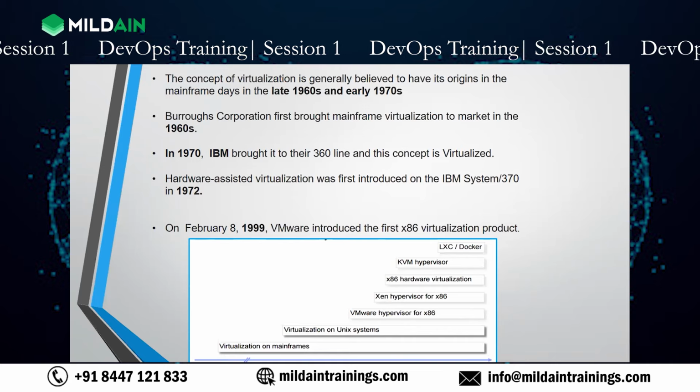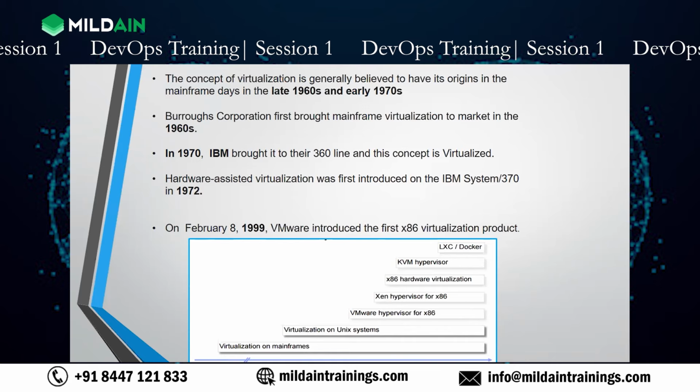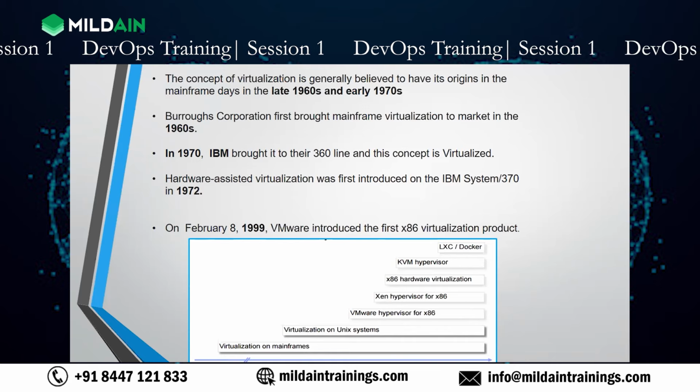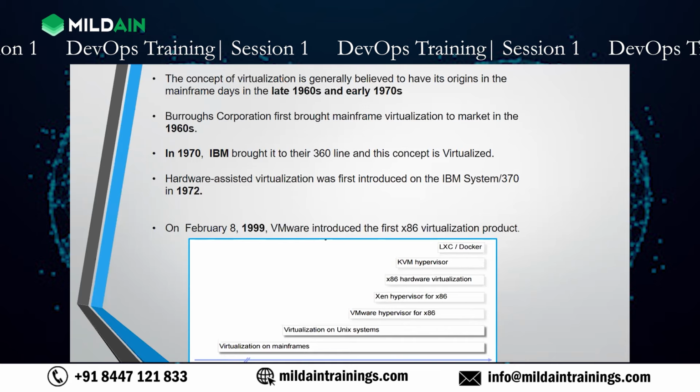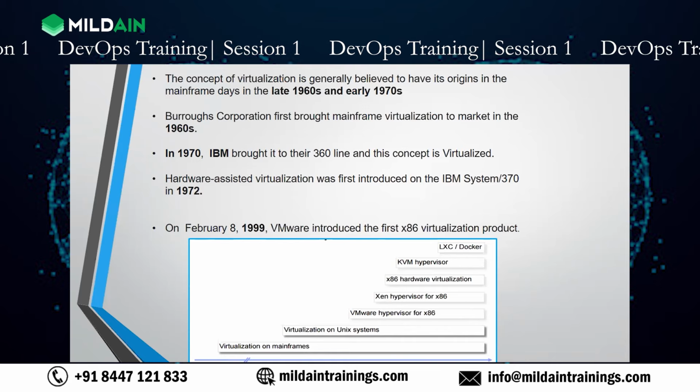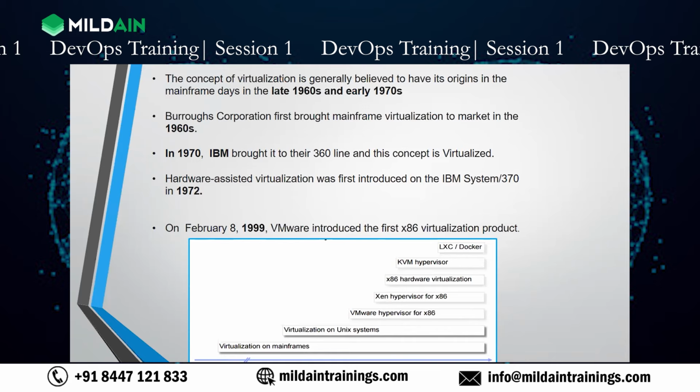Then there are the Xen hypervisor, hardware virtualization, KVM hypervisor, LXC, and Docker. These are the types of virtualization in place, and this is how it has evolved.